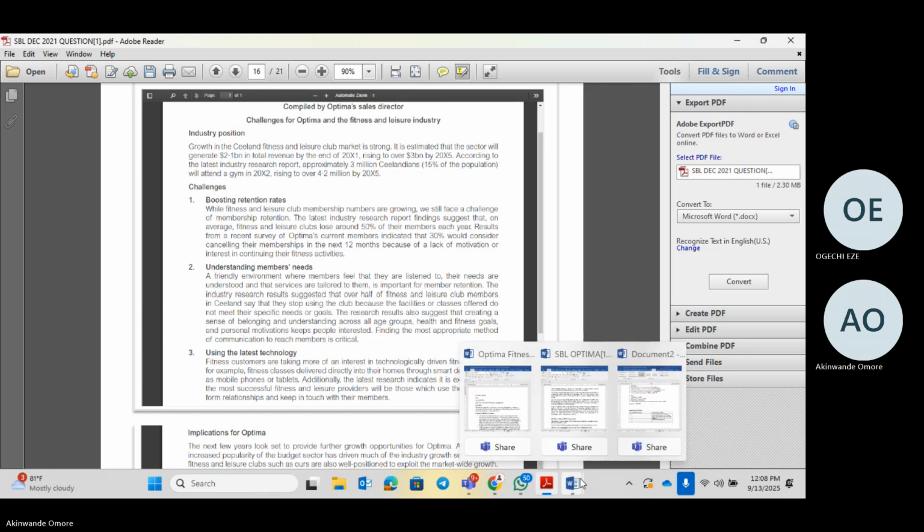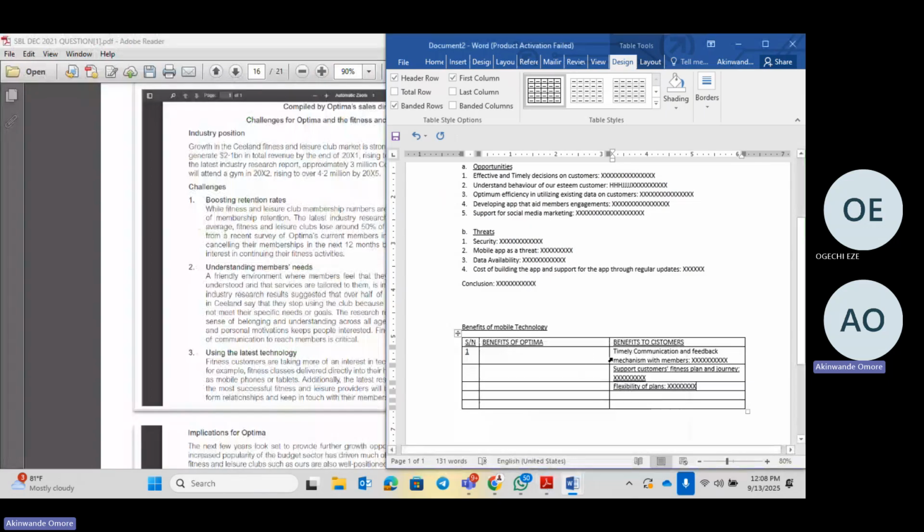All what they're saying, but we must be skeptical by criticizing. So what is the first one here for Optima? Boosting retention rates.